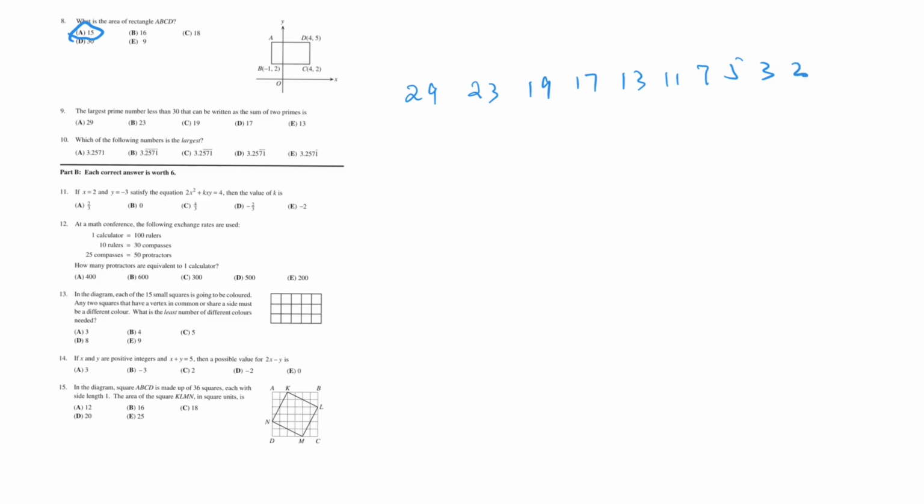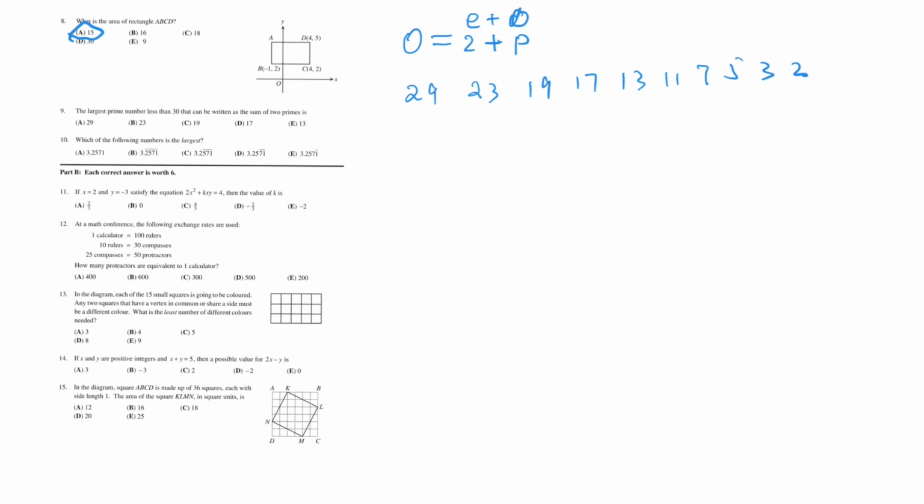So the prime numbers except 2 are always odd numbers. The sum of two primes must include 2, because even plus odd equals odd. So 2 plus an odd prime number, if it's still a prime number, that's what we are looking for.